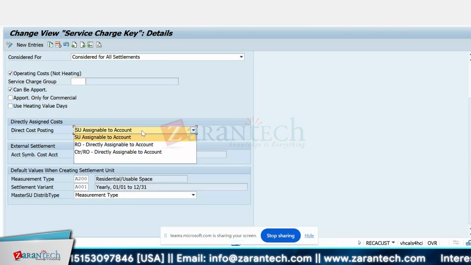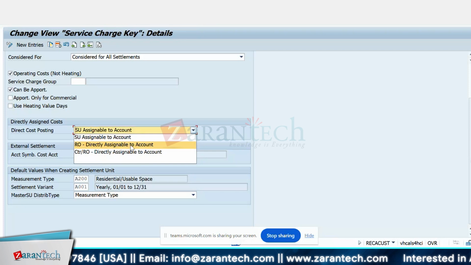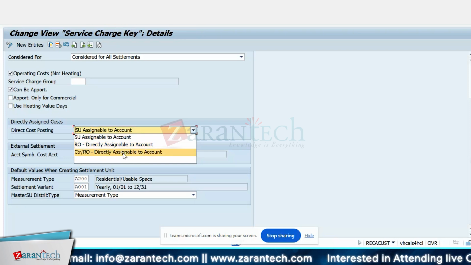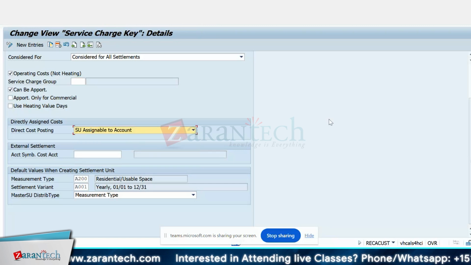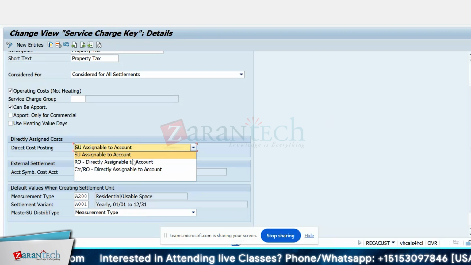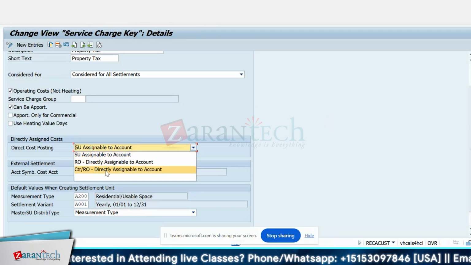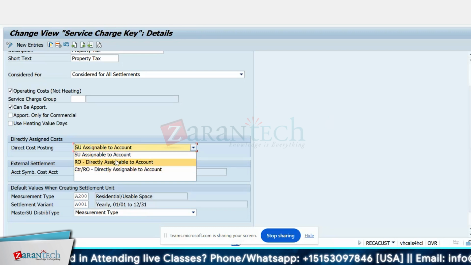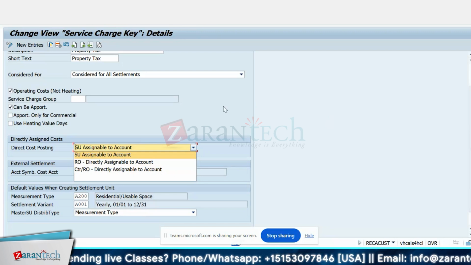SU is nothing but settlement unit. RO direct assignable to account. Cost center, rental object are directly assignable to account. So ideally we do it through settlement unit. So assignable to accounts will be SU, settlement unit. So service charge key with combination of what? Will it be rental object? Will it be cost center or rental object? Or will it be service settlement unit? So the most preferred way or the standard practice is we should always use settlement unit.